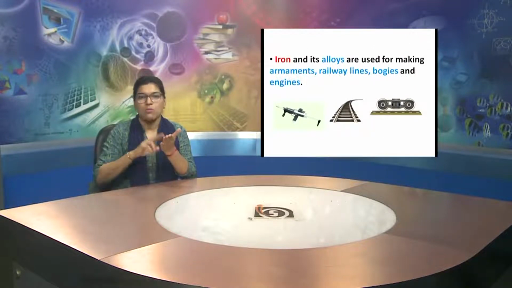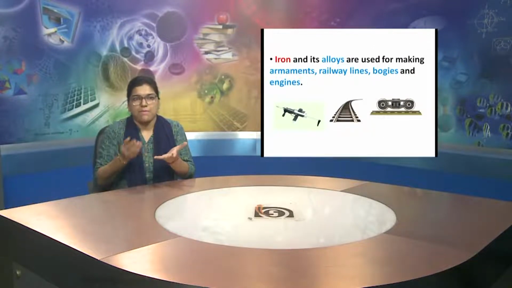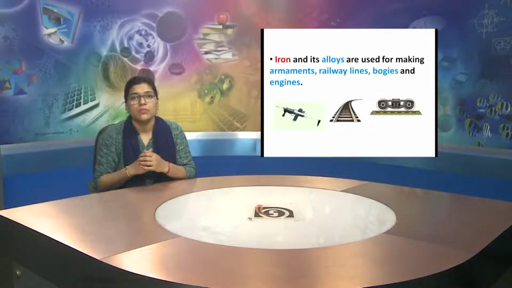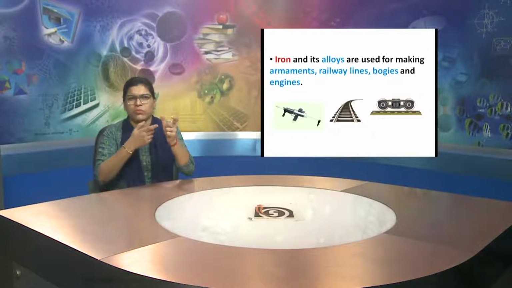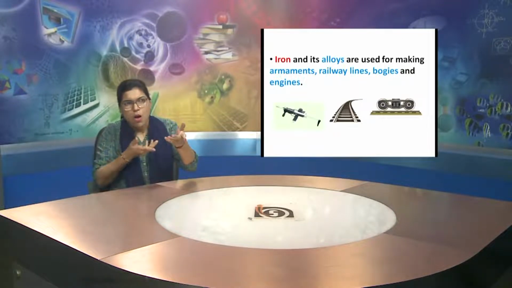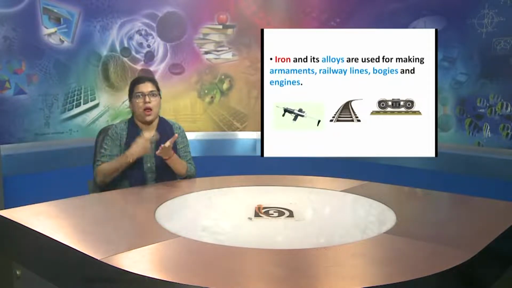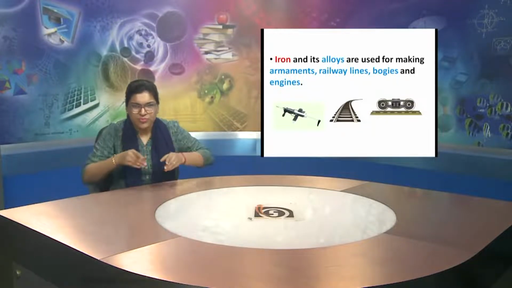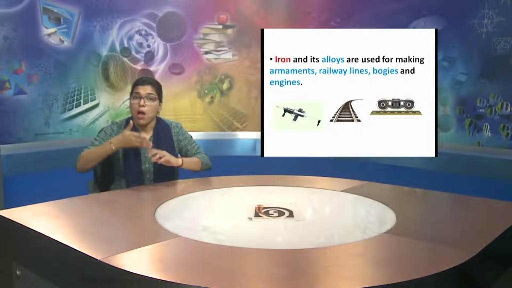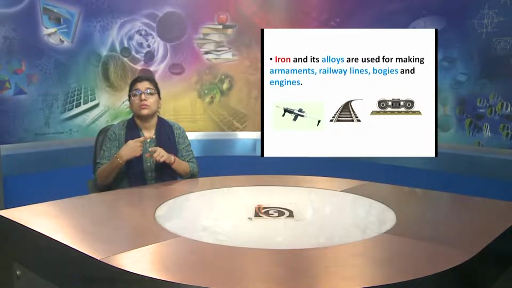So these are the usages of metals. Now the second metal is iron. Iron and its alloys are used for making different materials, like armaments, the weapons which we use for our army, and also the railway lines are made from iron.